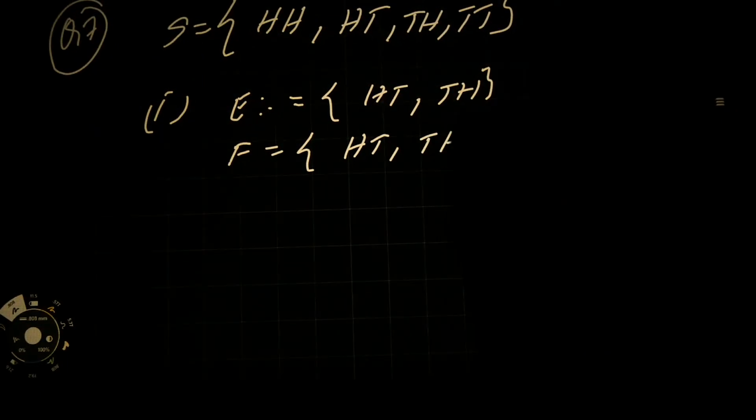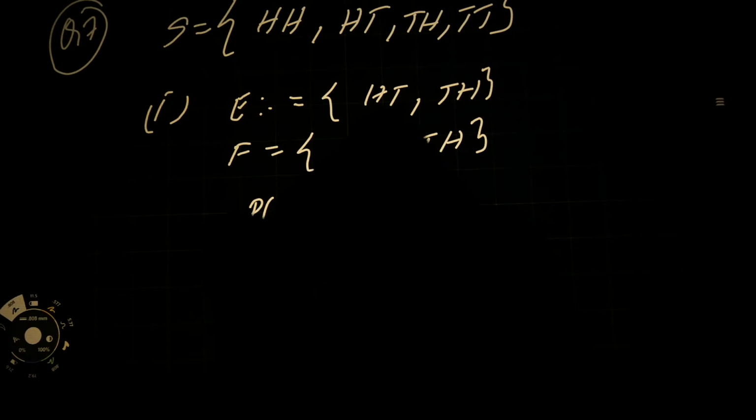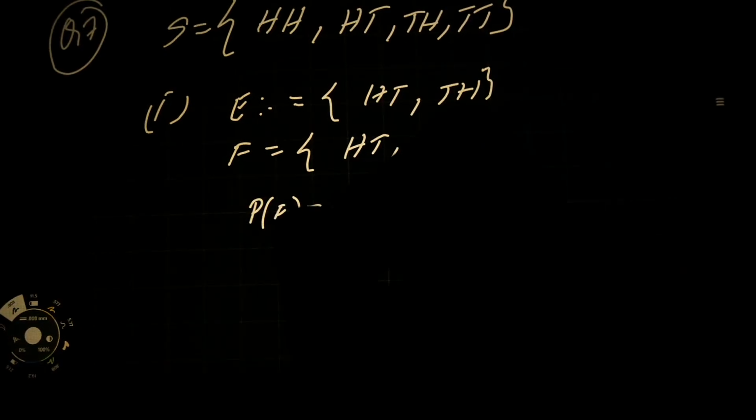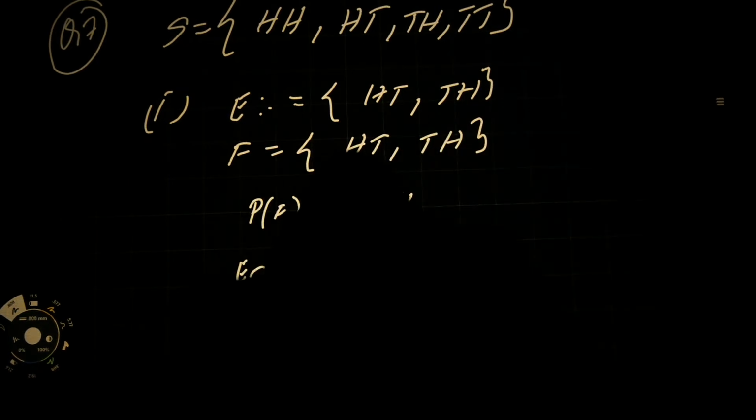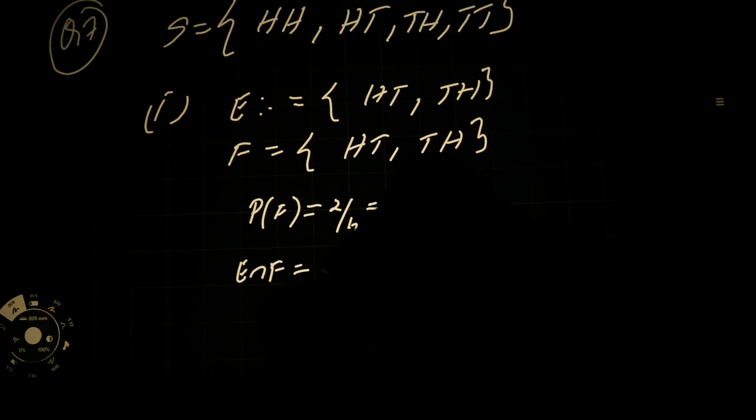Alright, and what is F given as? F is that condition where one coin shows head. Here P of F is 2 out of 4, which is 1 by 2. Similarly, E intersection F, since E and F are the same, is also HT and TH.